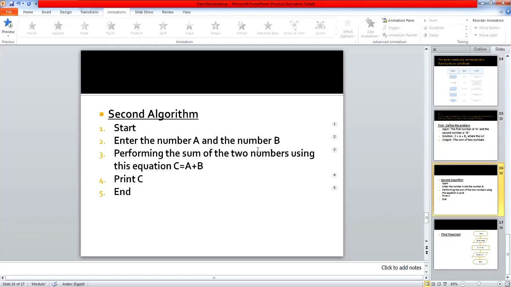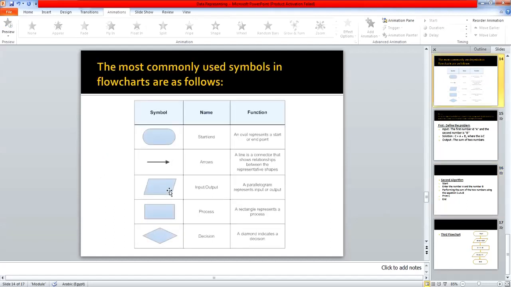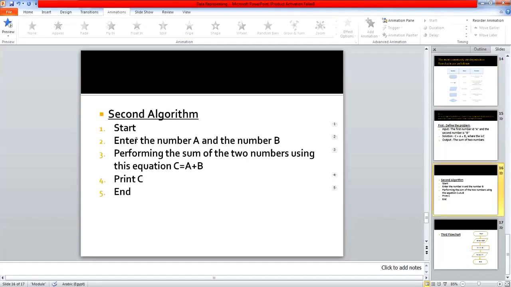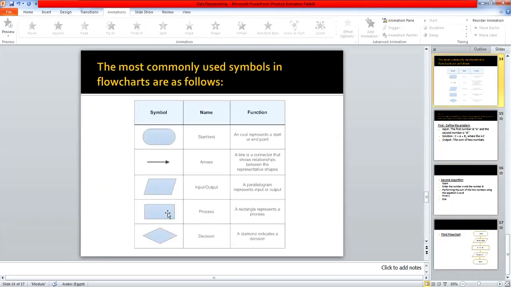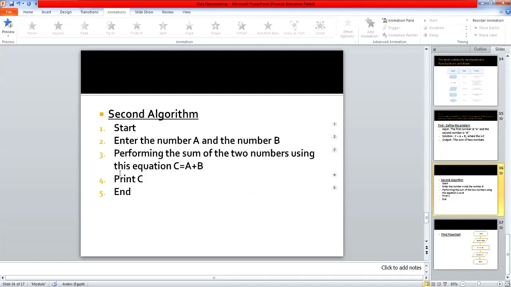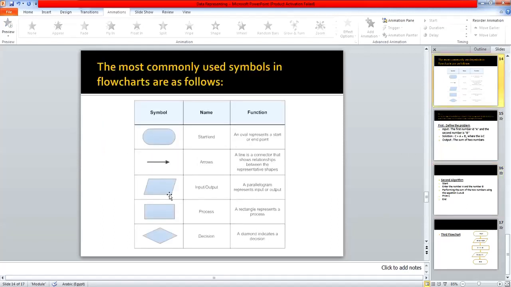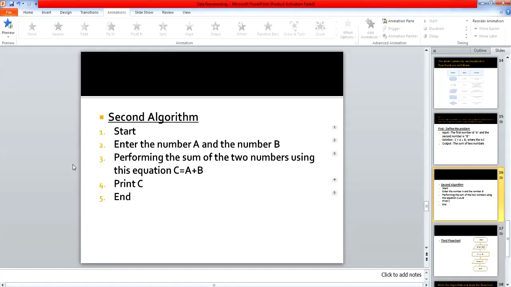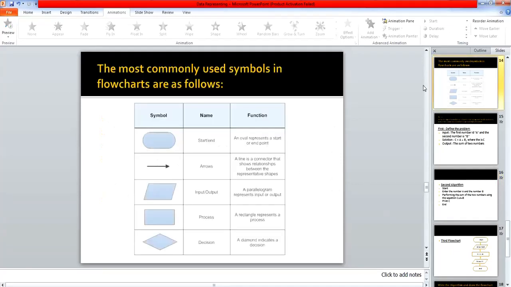Enter A and B as input, so we need to use a parallelogram to represent the input. And 3, we're having the equation, which is a rectangle, so we need to draw a rectangle. 4, we're having an output, so it should be represented with a parallelogram again. Finally, we're having END, which will be represented by an oval shape as well.